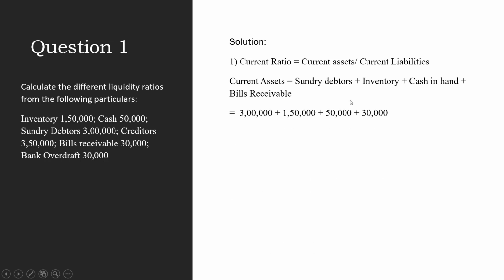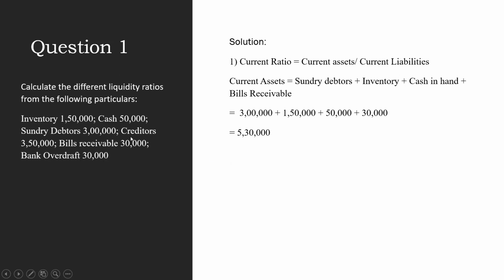Sundry debtors was given as 3 lakh rupees, inventory is 1,50,000, cash in hand is 50,000, and bills receivable is 30,000. After putting in the values, you add them all up and get the total current assets. Similarly, we will now calculate current liabilities.